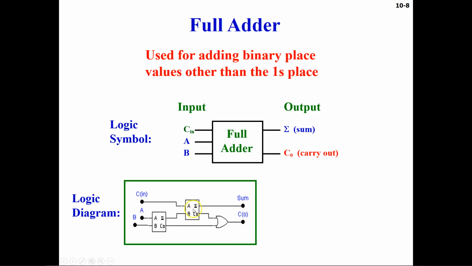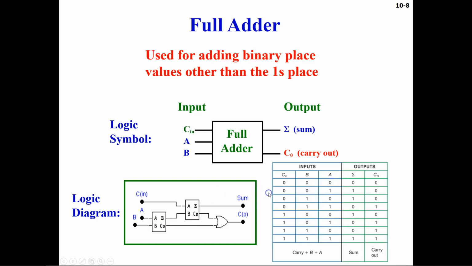And then this half adder has input C in, which is carry in coming in, and the output, which is the sum of the first half adder, is going into the B. And then you have a sum coming out here, and the carry out goes into this carry out. So this carry out basically takes the carry outs of the first and the second half adders. Okay, now let's see the truth table.